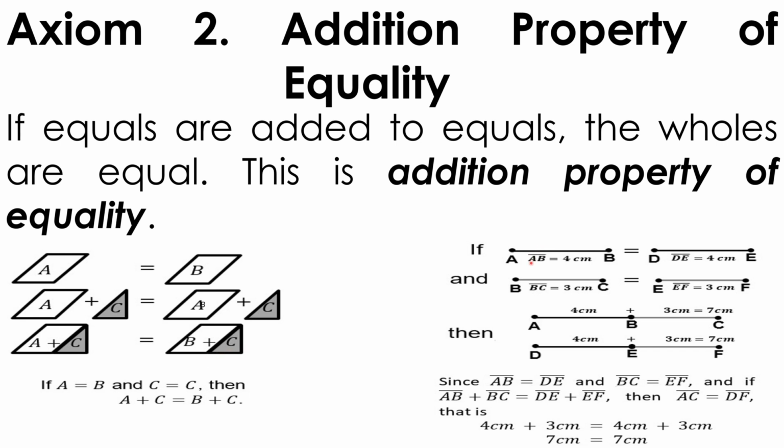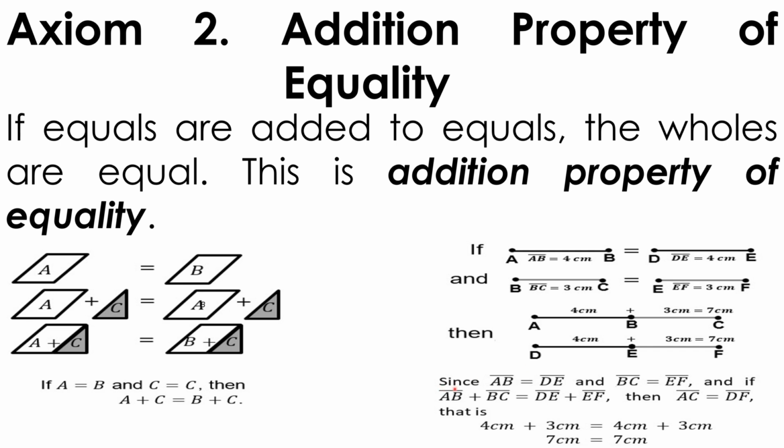So we have here, if the measurement of segment AB is 4 cm, and that is equal to the measurement of segment DE, which is also 4 cm, and the measurement of segment BC is 3 cm, and the measurement of segment EF is also 3 cm, then segment AB plus BC is equal to 7 cm, as well as segment DE and EF is also equal to 7 cm.